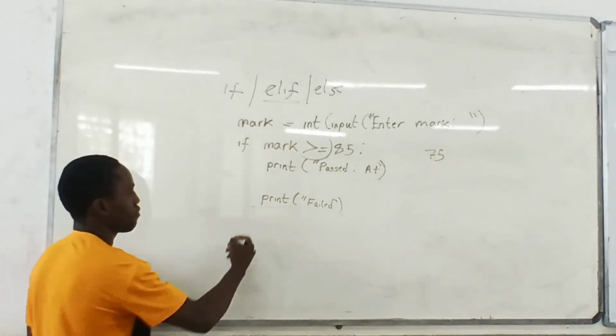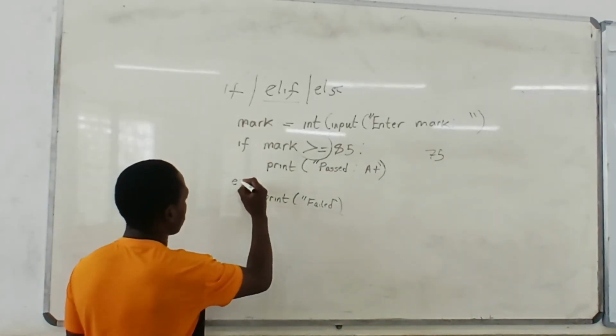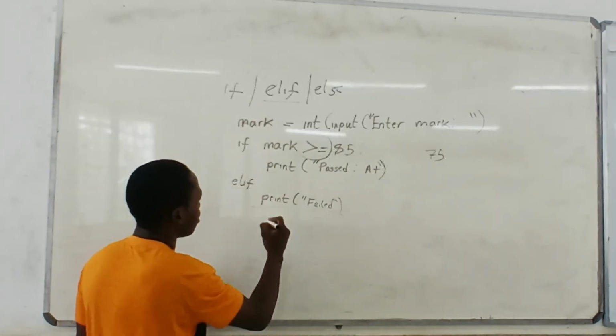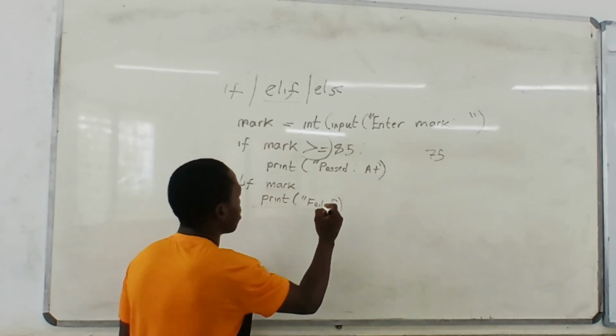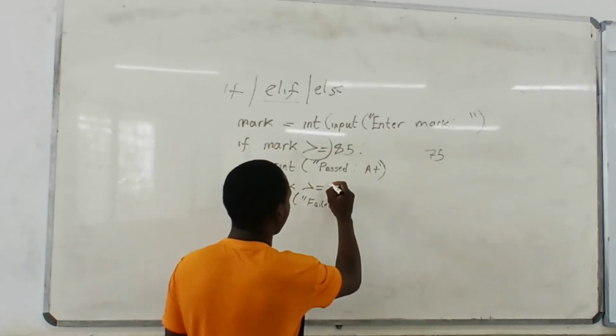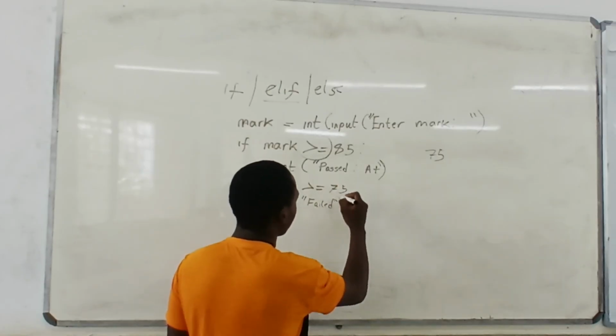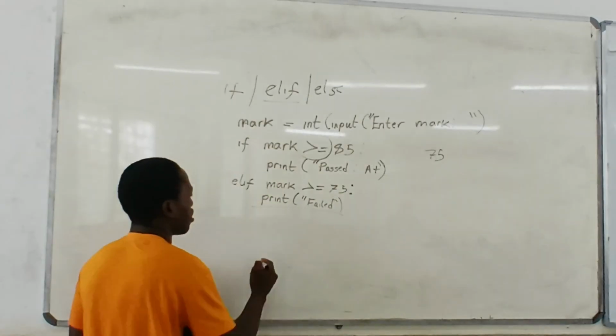So you say elif mark is greater than or equal to 75, then print.